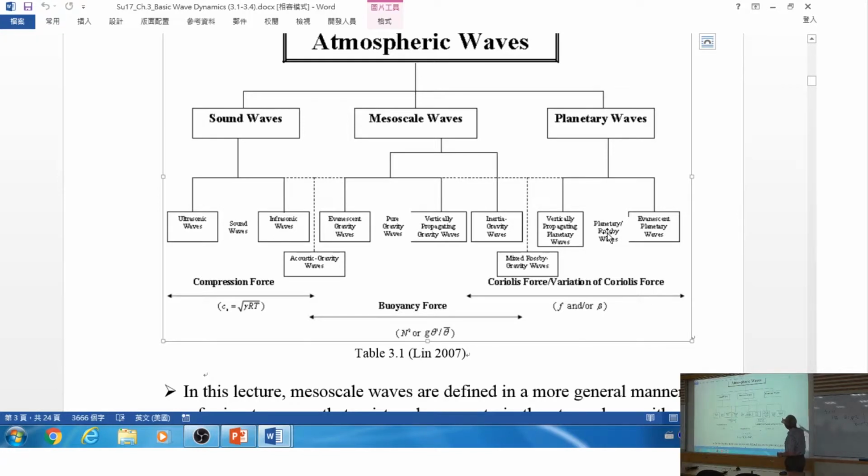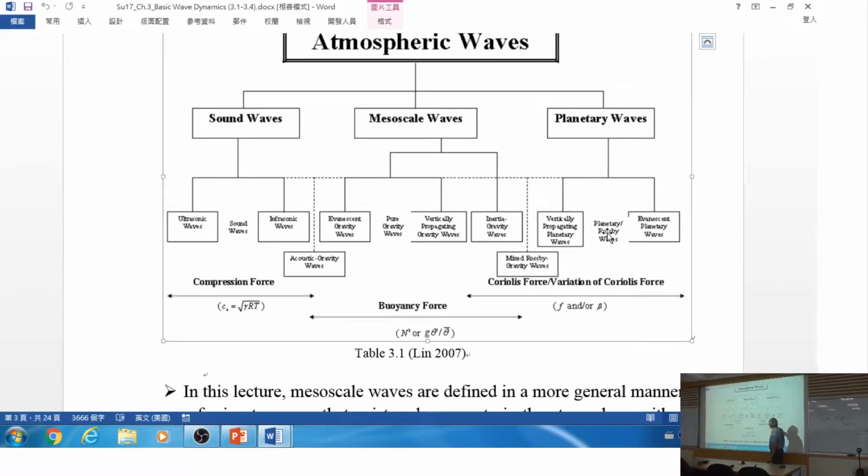Rotation is important, and buoyancy is important. Here is the compression force, this is the buoyancy force, and here is the Coriolis force or variation of the Coriolis force, that's the beta effect. So you can have combined forces.